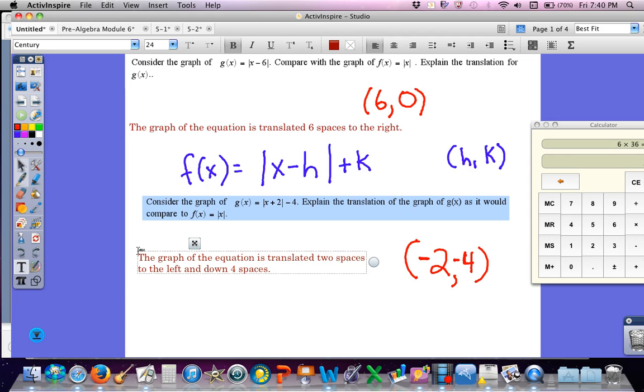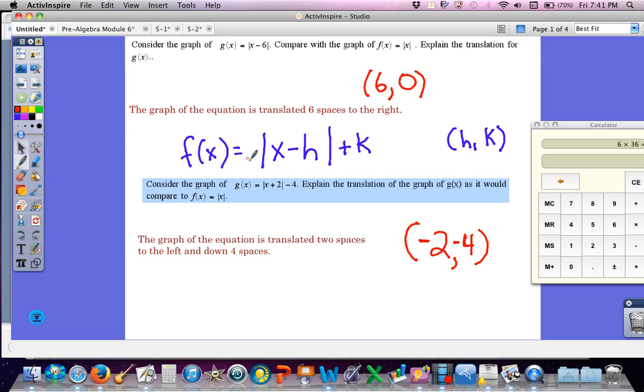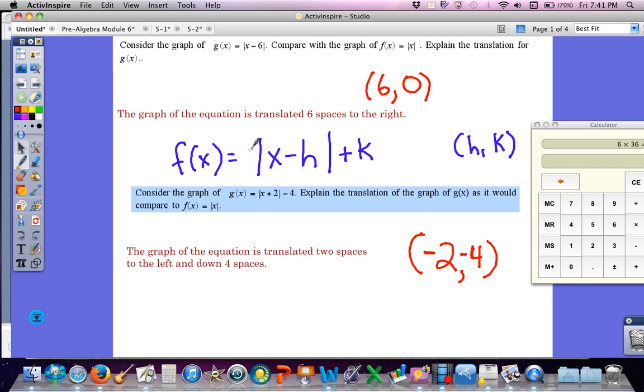You'll also notice, we'll get to it later, there's no vertical stretch at all. If there was a number here, since this is like an invisible 1, greater than 1, say 2 or 3, this would have a vertical stretch. And if it was a number less than 1, like a fraction, it would have vertical shrink.